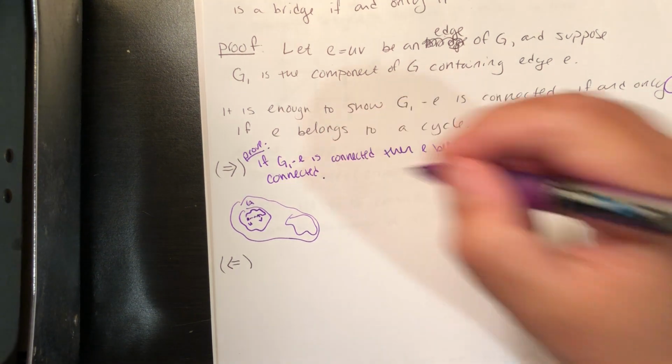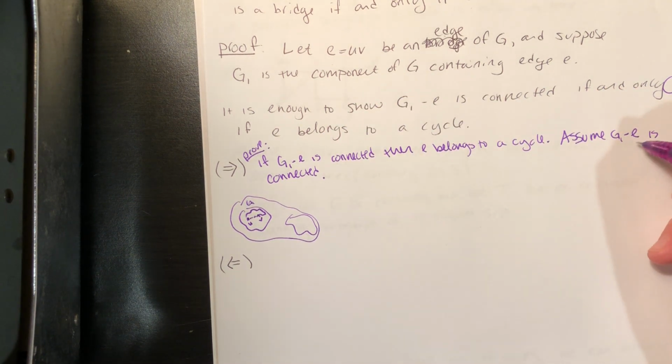What this means is that we've removed the edge E, but we haven't removed any vertices, so U and V must still be vertices of that component.